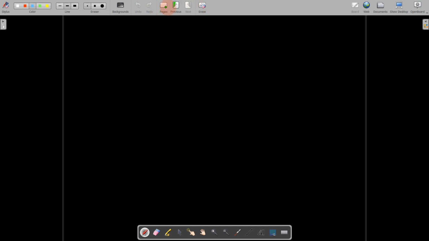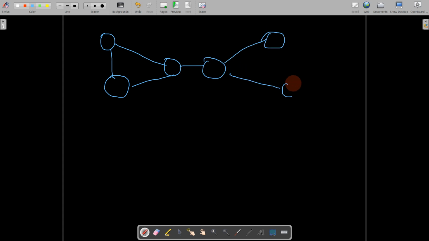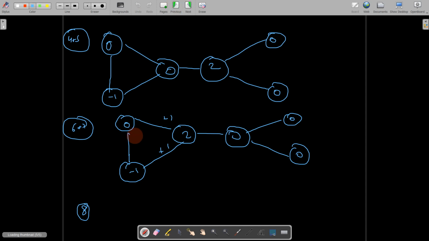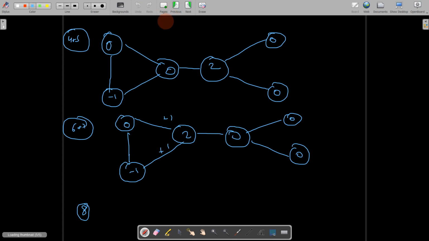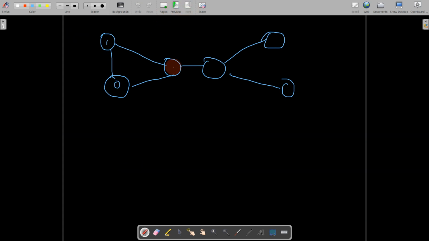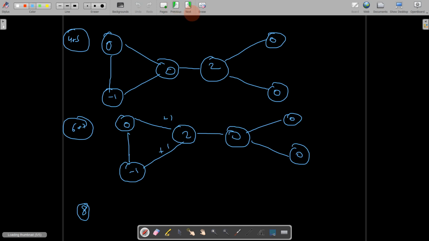So the eighth move, I'm writing in the next. Okay. So this will become 1, 0, 1, 0. Then it will be 0. Then 0, 0, 0.